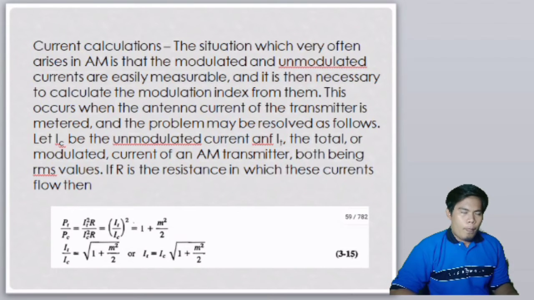Modulated over unmodulated current is equal to the square root of 1 plus M squared over 2, or modulated current is equal to unmodulated current times the square root of 1 plus M squared over 2.